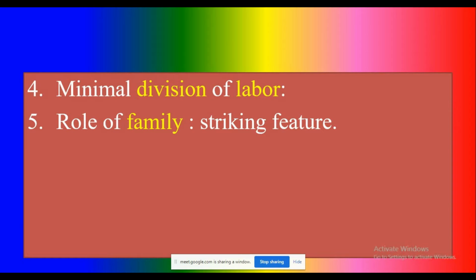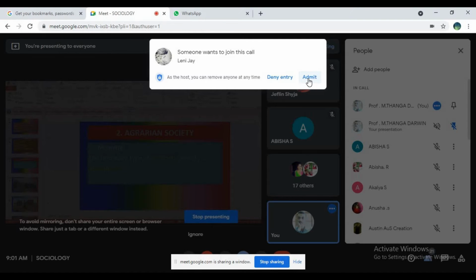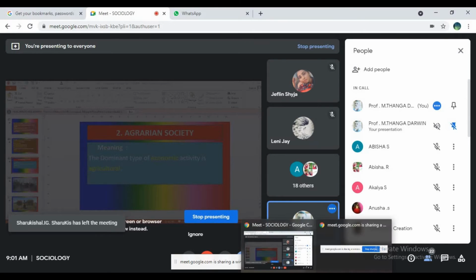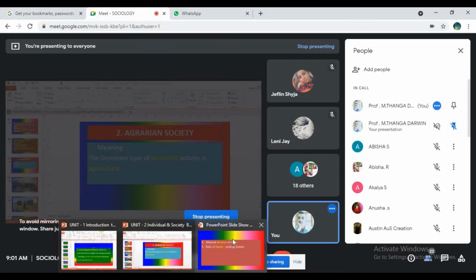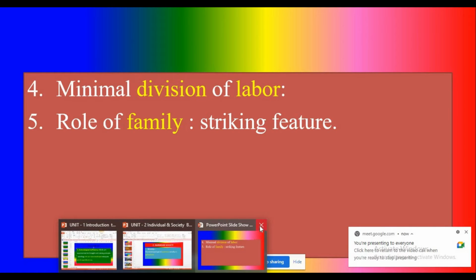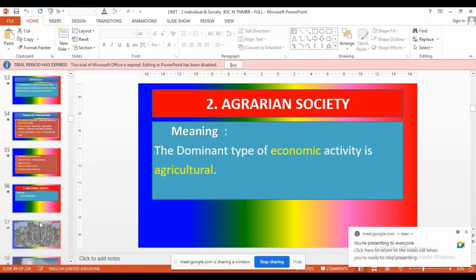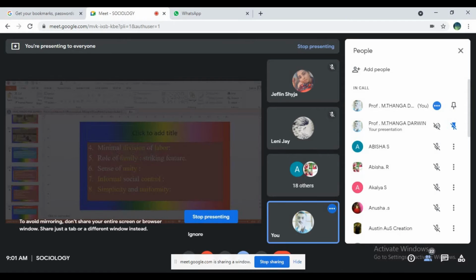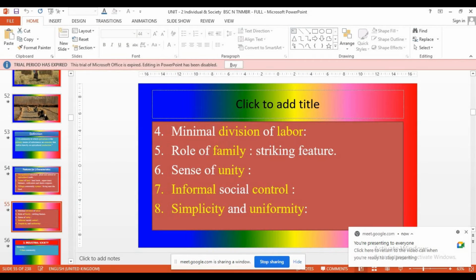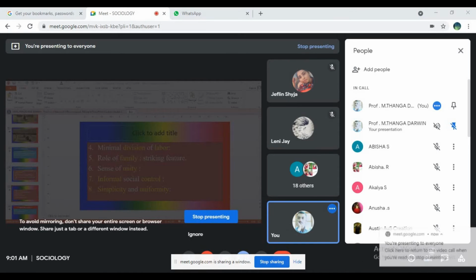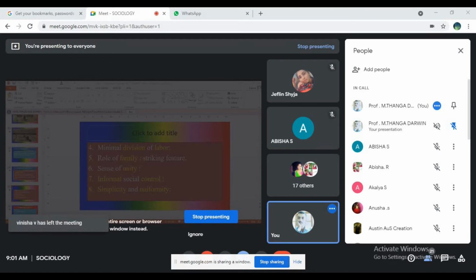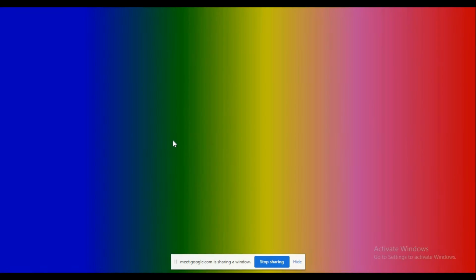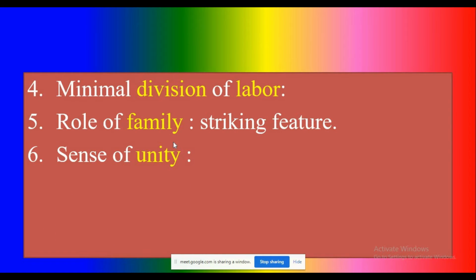In one house more than one family lives. This means villages have unique features of family system, mainly joint family and endogamy, etc.